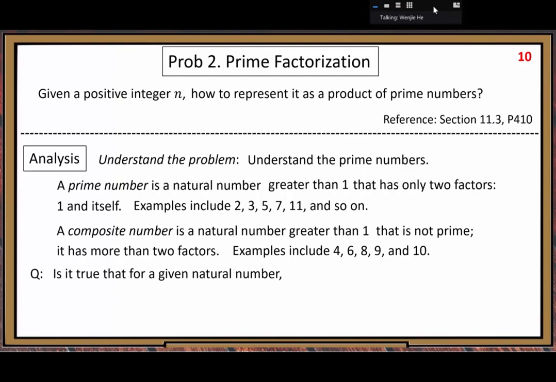Some places include 0, but some places do not. Here, obviously not including 0. So positive integers: if it is not a prime, then it must be a composite number. Is this statement true or false?